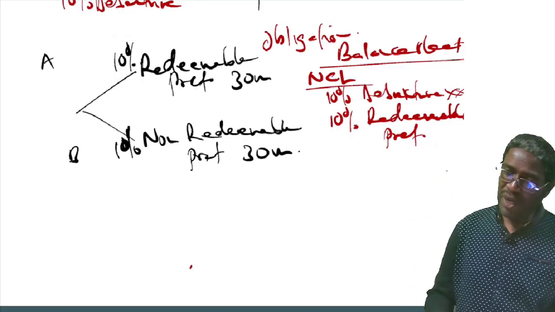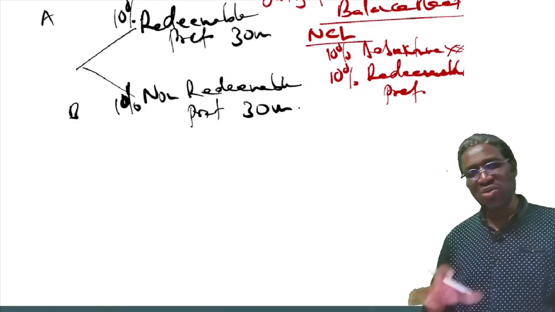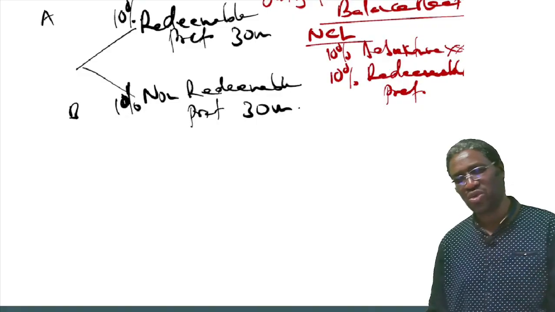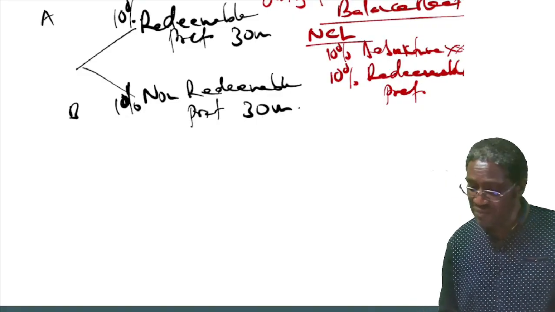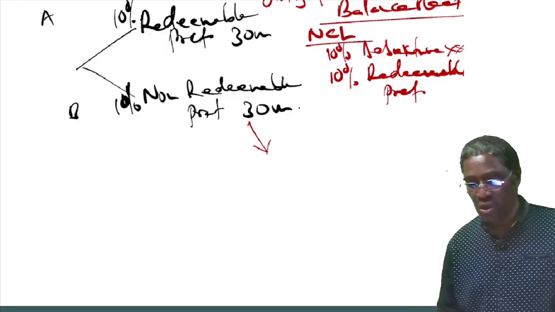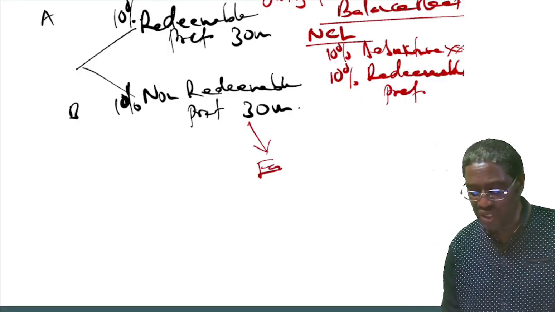Now, for company B, when they issued a non-redeemable preference share, they did not have an obligation to pay back. So for them, that 30 million, they will treat it as part of capital, or in other words, as part of equity.